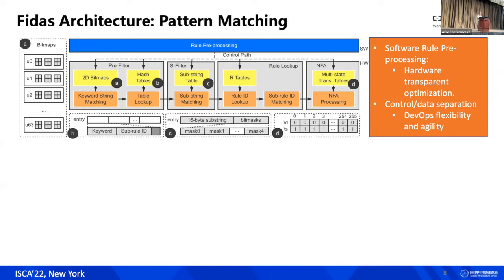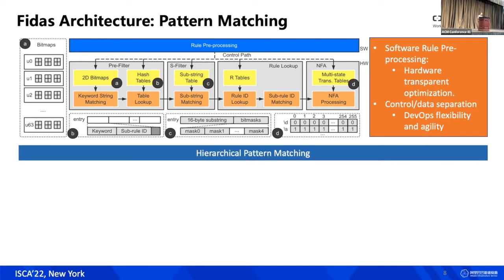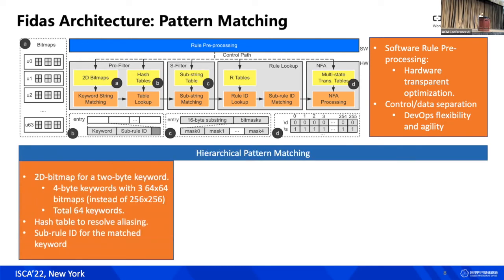Every time rules get updated, the intermediate representation structure will stay relatively the same, but the content might be different. So that allows us to do fast rule updating. And those internal structures, where the data contents will be passing through the control paths, ensure DevOps flexibility.